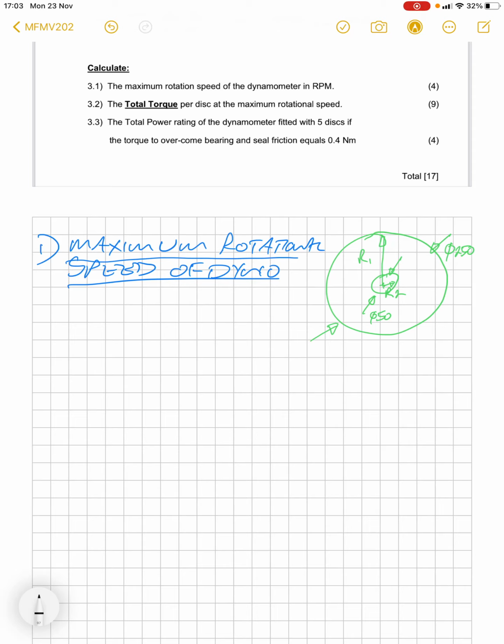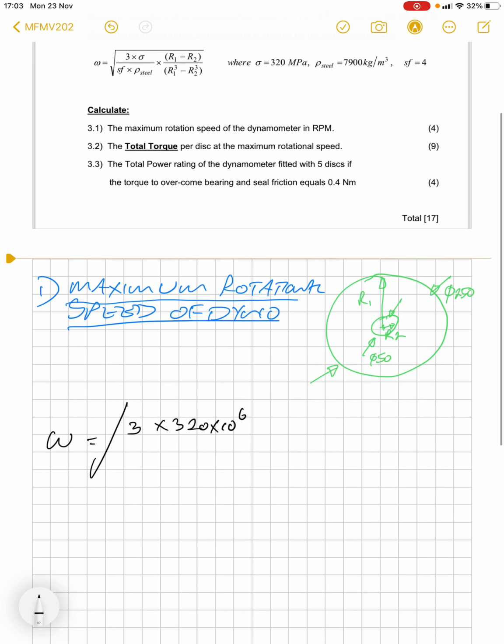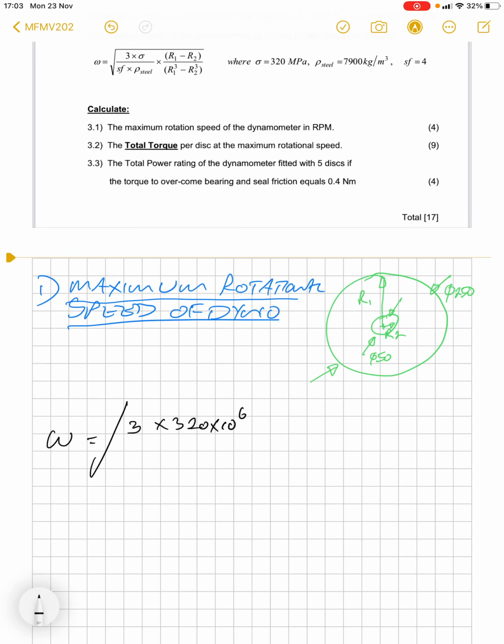Alright, using the formula that's given to us, we have omega times 3 times 320 times 10 to the 6, and that would be our stress in the material. 4 is the safety factor, and the stress allowable in the steel is 7,900, and we multiply that by the radii. 0,125 minus 0,025.